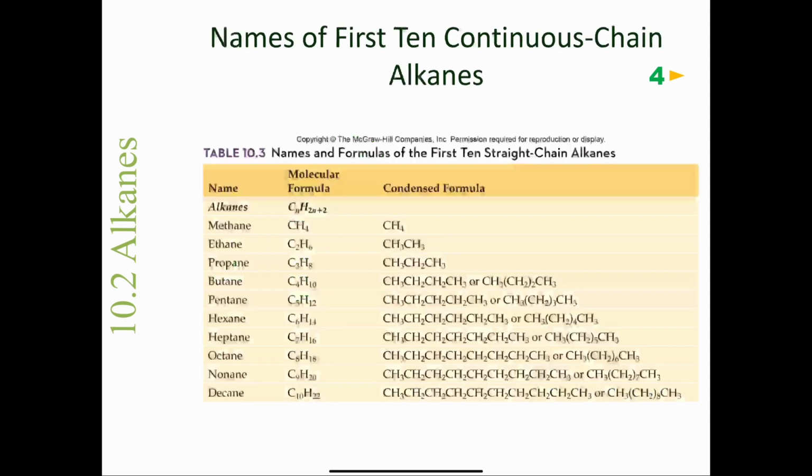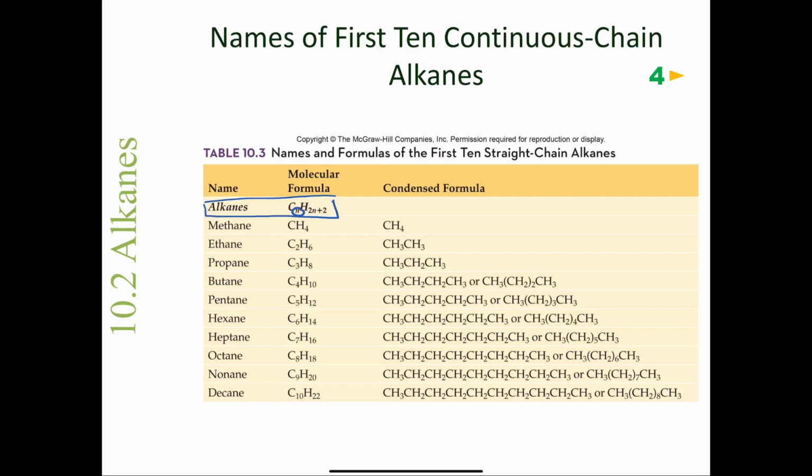As I mentioned in the introduction video, you must memorize the names of the first 10 continuous chain alkanes. So we went over the generic formula for alkanes, which is CnH2n+2. And you have to have memorized when this n here is any number between 1 and 10.